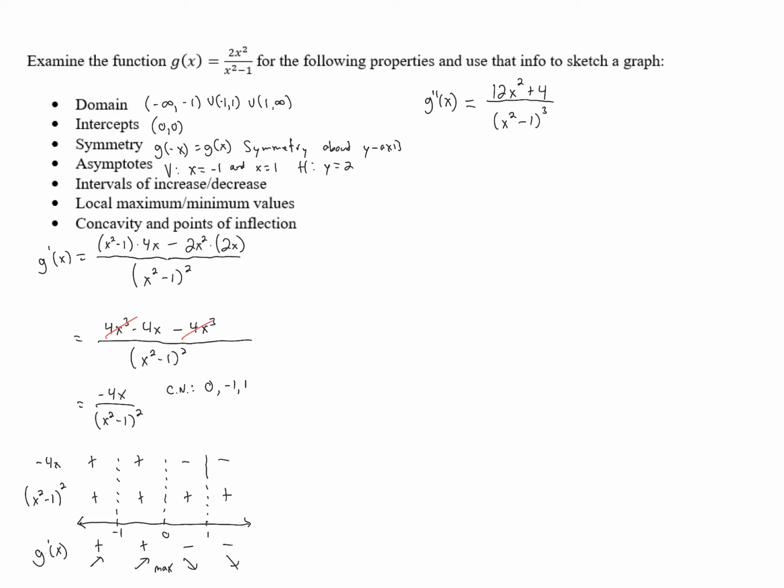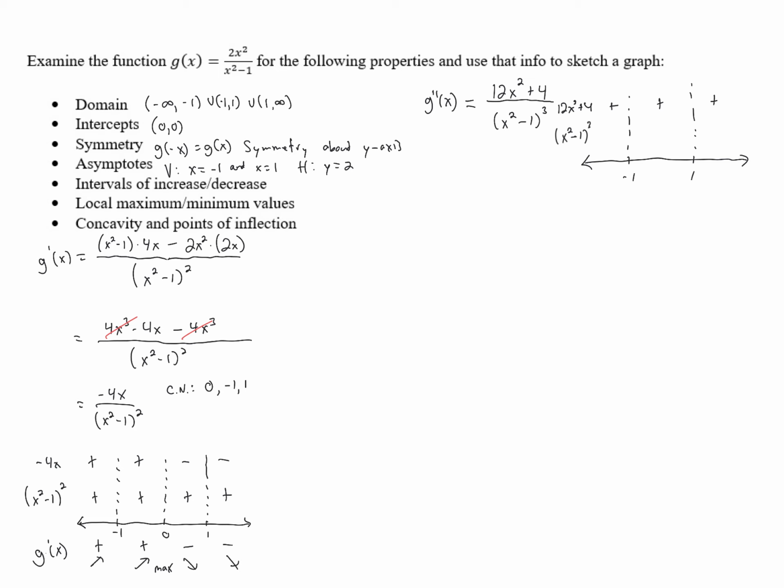So we still do need to look at a sign chart, and we need to look at what's happening at those places and between them. So our numerator, 12x squared plus 4, is always positive. The denominator, (x squared minus 1) cubed.